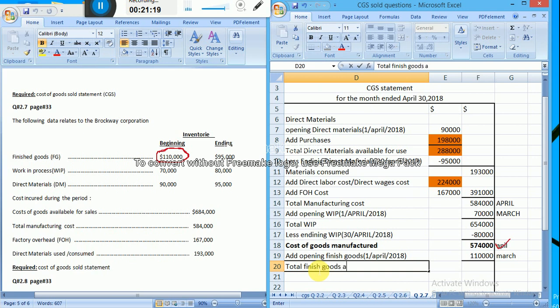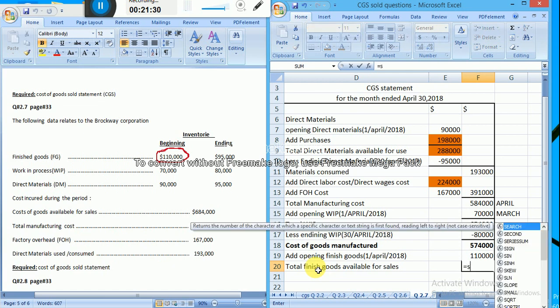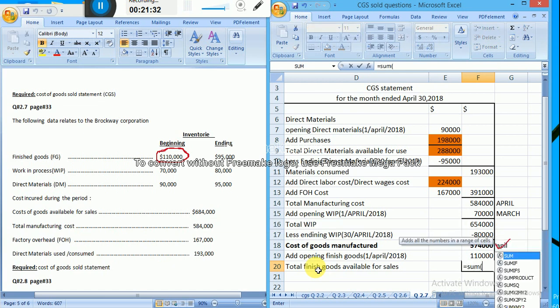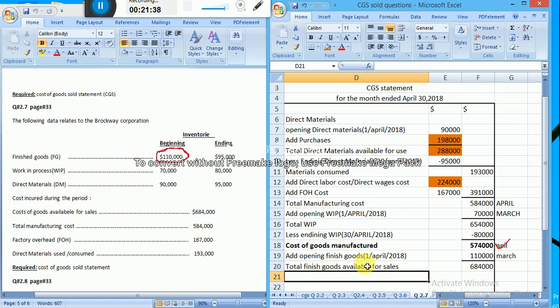Goods available for sales. What will we do on finished goods? We will sell them. So sum up these two, the March end. So the cost of the finished goods is 6,84,000.